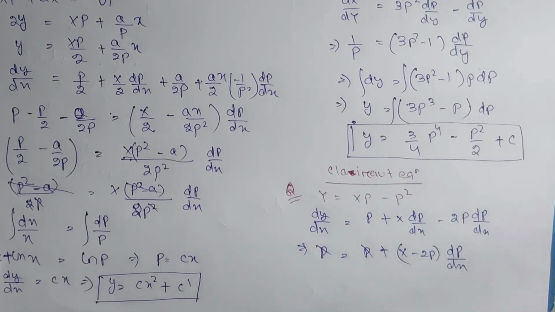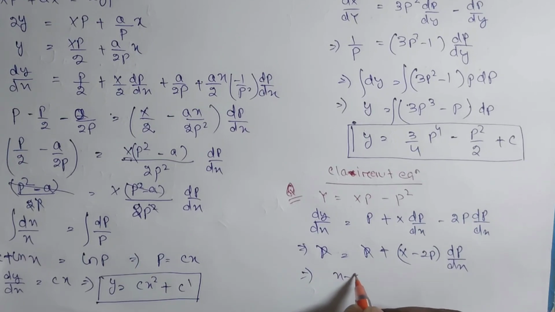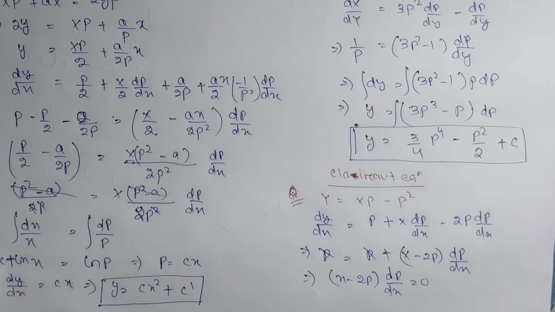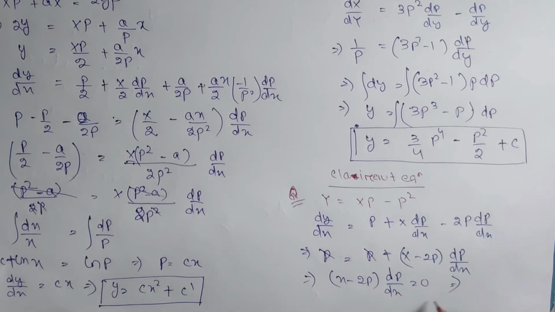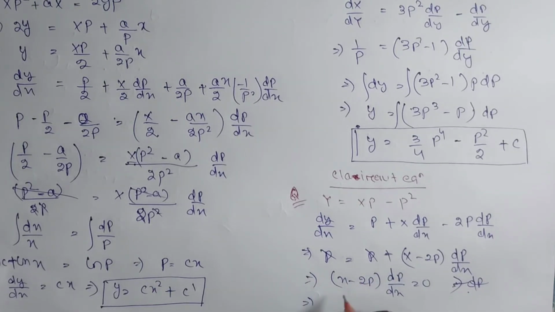So p cancels out, and we get (x minus 2p) dp by dx equals 0. It shows that either x minus 2p is 0 or dp by dx is 0.